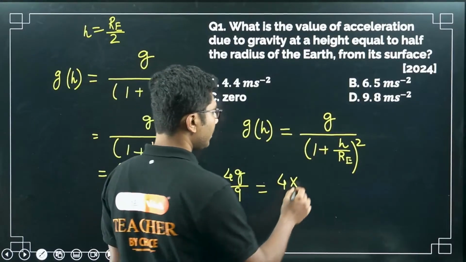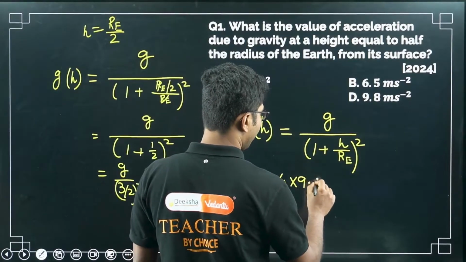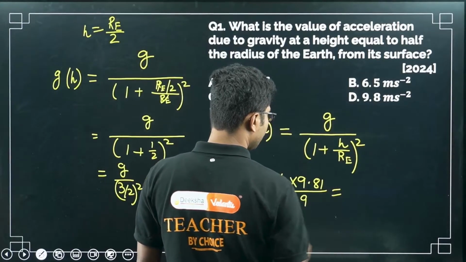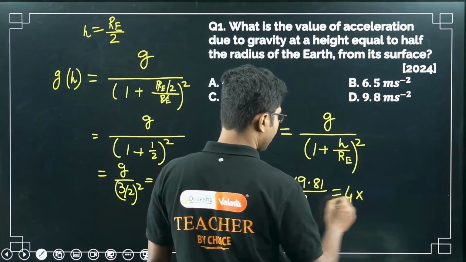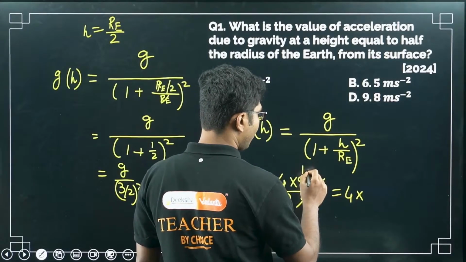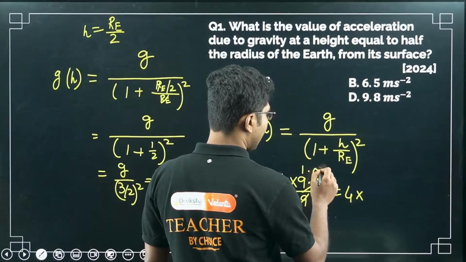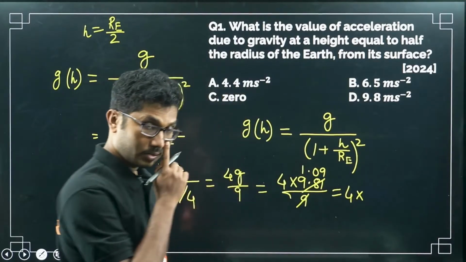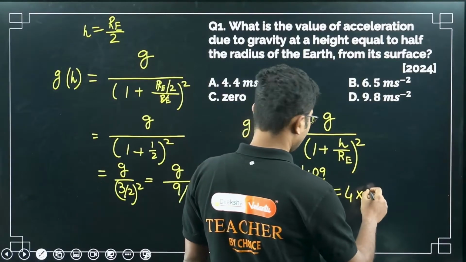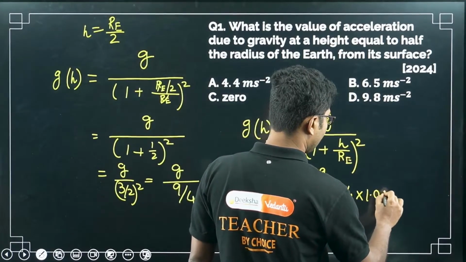4 times 9.81 divided by 9. So 9 ones are 9, 9 threes are 27, 9 fours are 36.